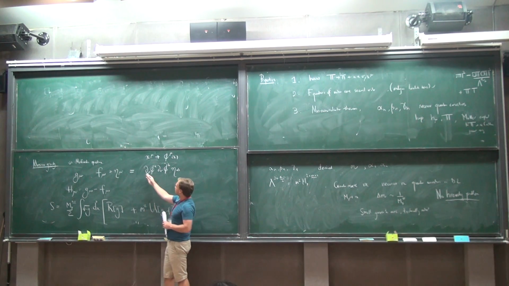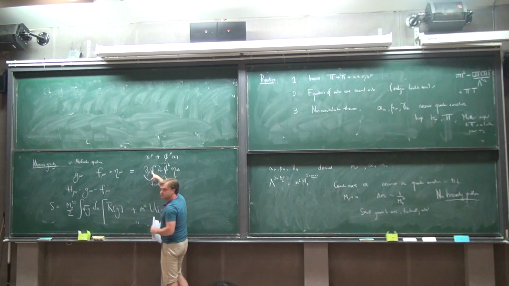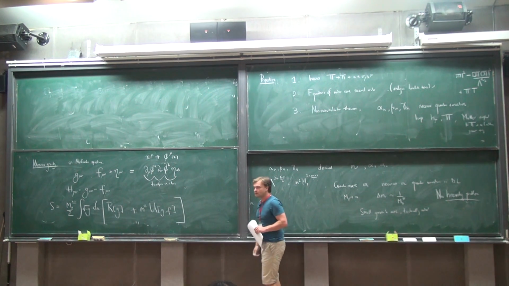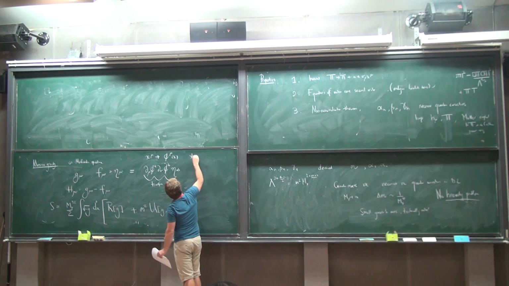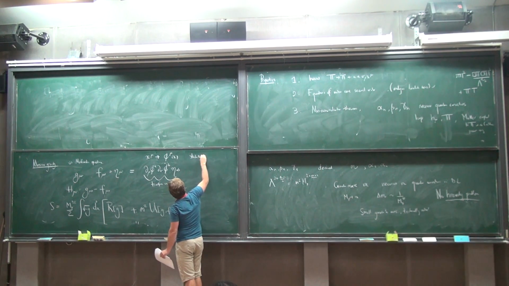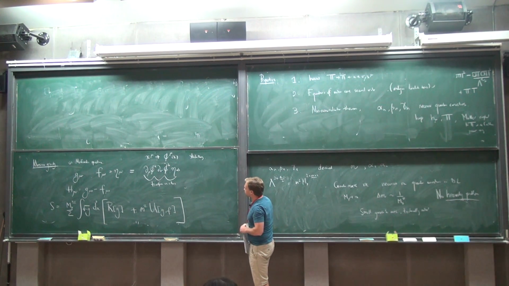And now, written like this, this object clearly transforms as a tensor if phi is chosen to transform like a scalar. So these four phi's are the four Stuckelberg fields for the broken diffeomorphism symmetry that we can reintroduce in that way.